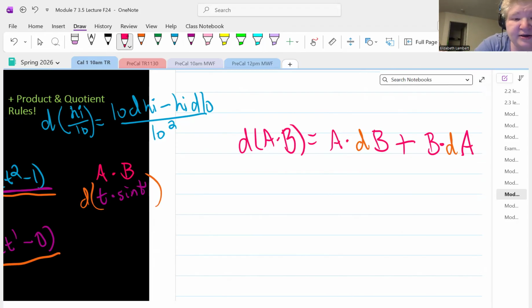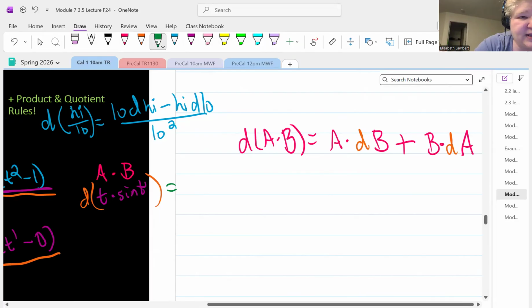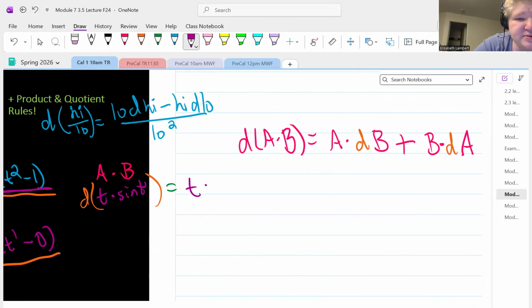So our A here is t. So when I do my derivative here, I'm going to have t times the derivative of sine t. Then my product rule had the structure plus.